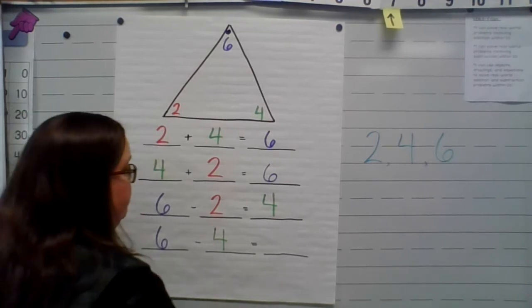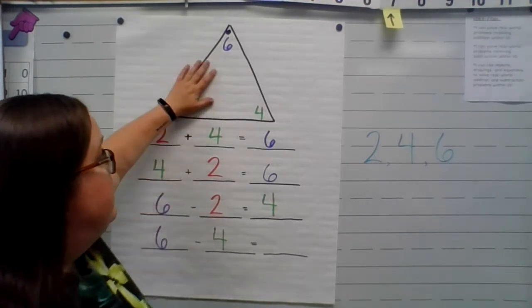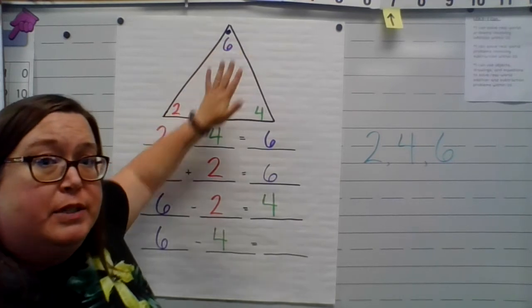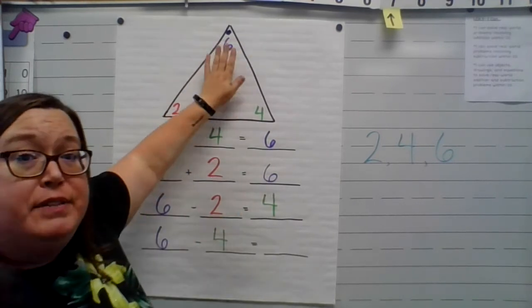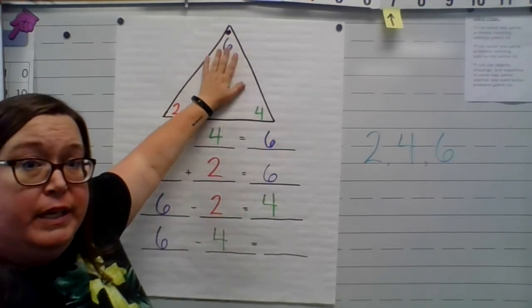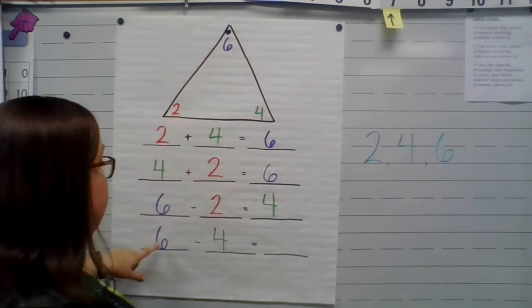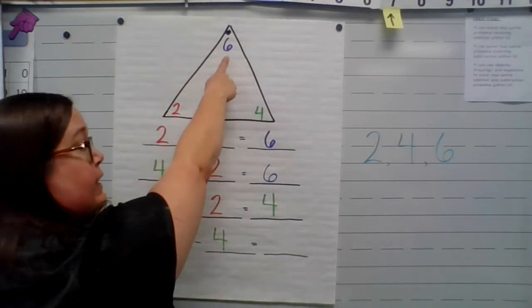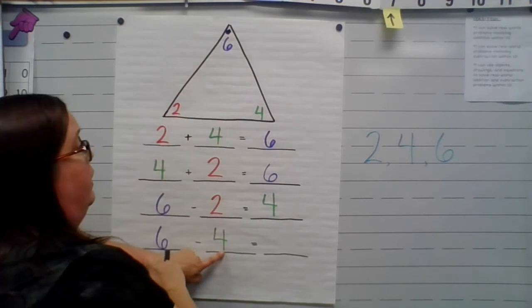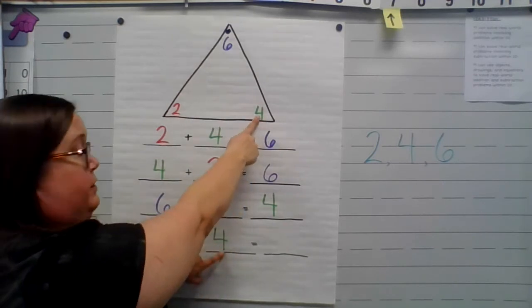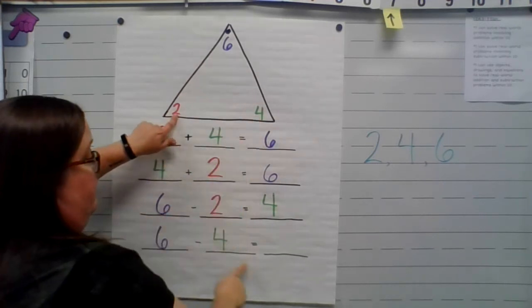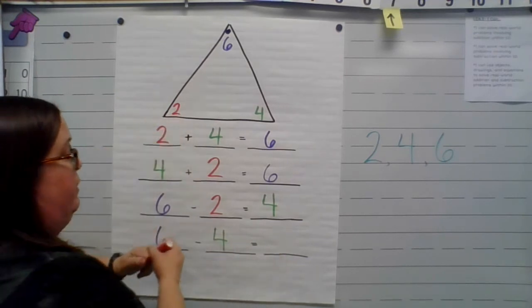if I do like I did before, go back to this, because remember, all of the numbers that we use in our number sentences have to come from this fact family. Okay? 6, I already used 6, can't use that again. 4, I already used 4, I can't use it again. That leaves the 2. 2 has to go there.